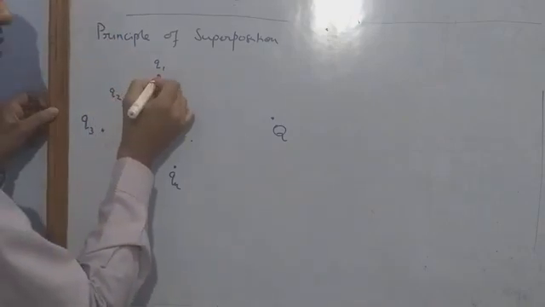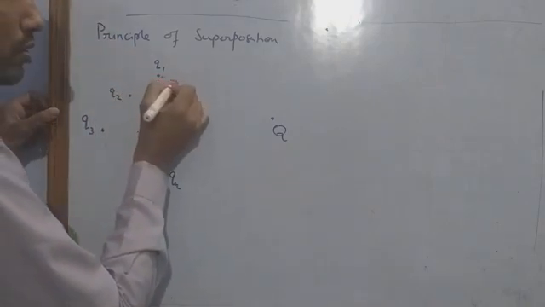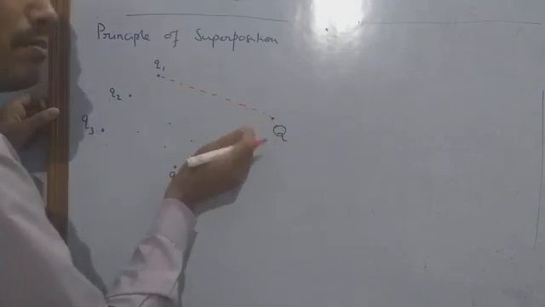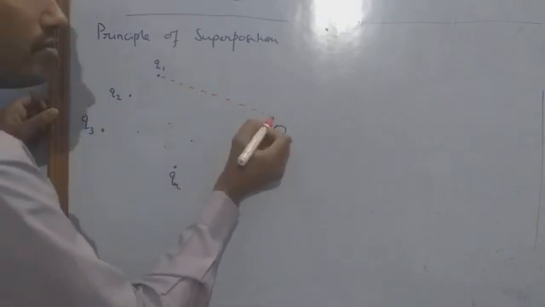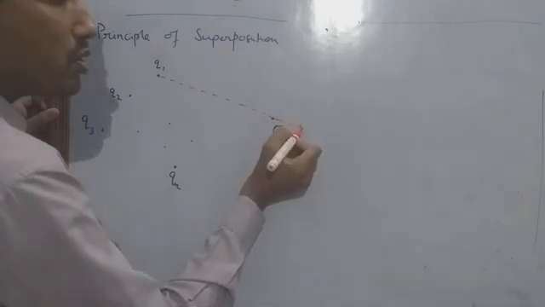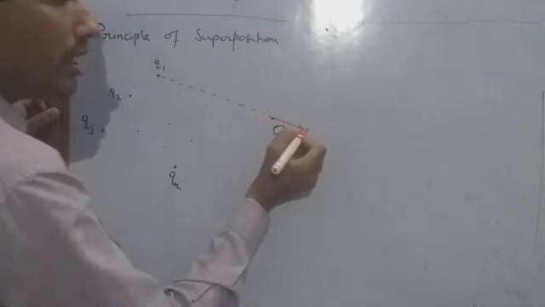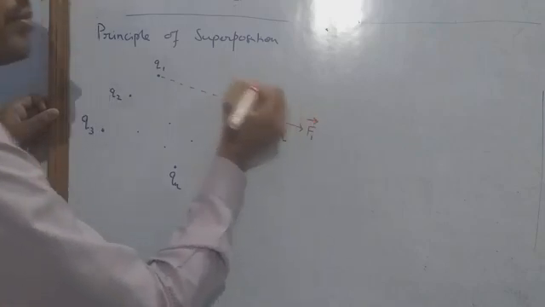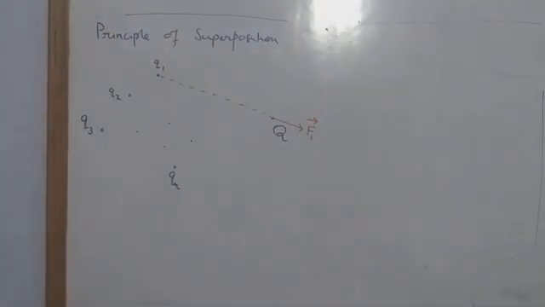For example, Q1 will exert some force on Q. It may be attractive or repulsive. Suppose that force I indicate by F1 vector. So F1 vector is the force exerted by charge Q1 on Q.